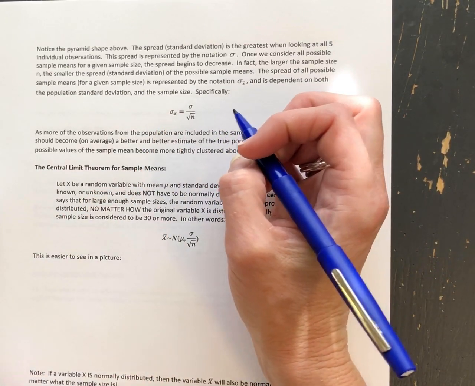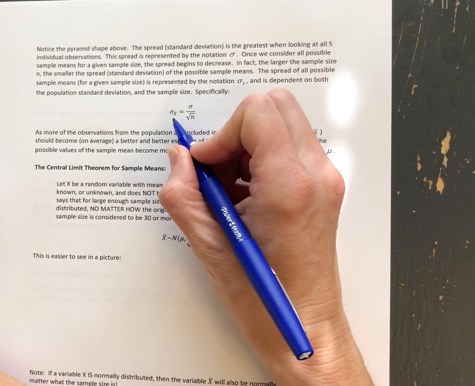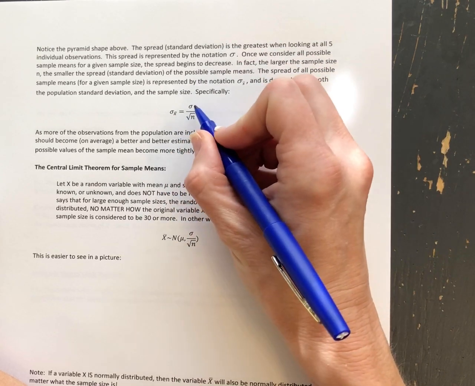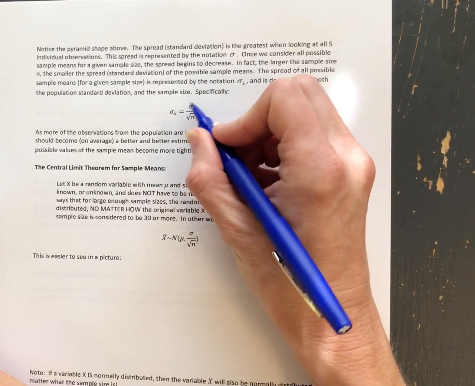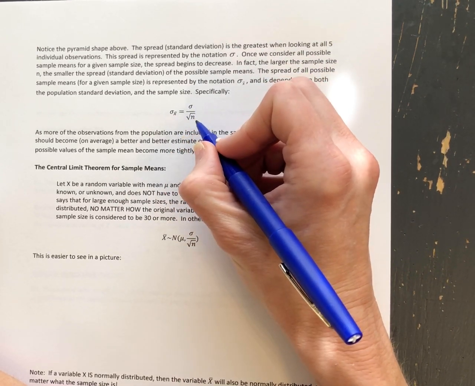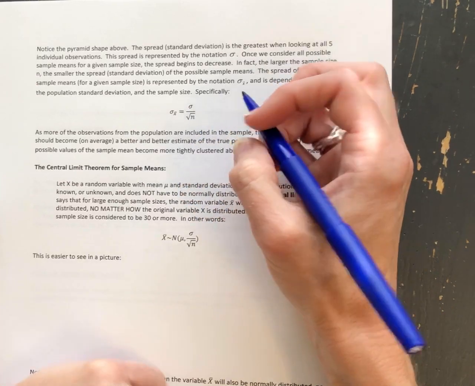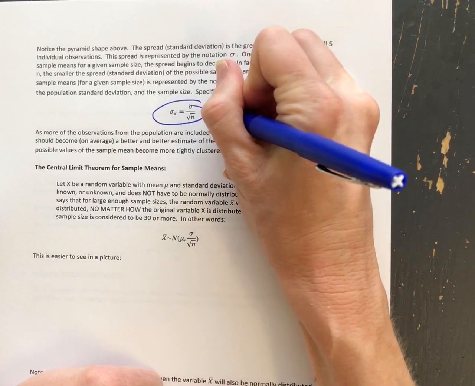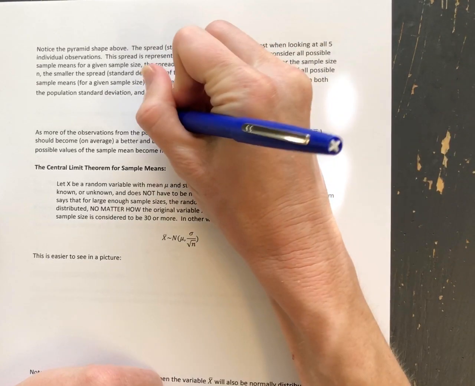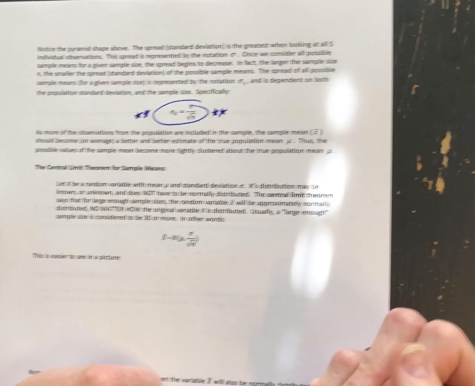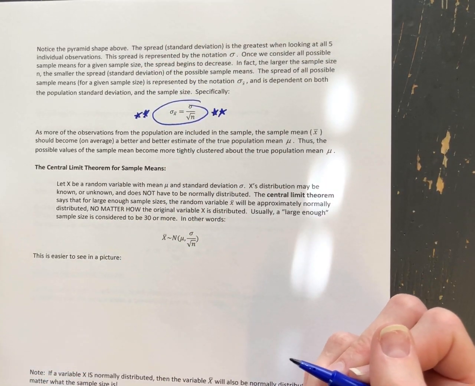The spread of all possible sample means is found by taking the original variable's standard deviation and dividing by the square root of the sample size. That again is a very important formula that we're going to use a lot throughout the semester.